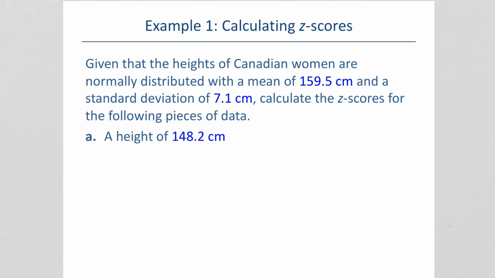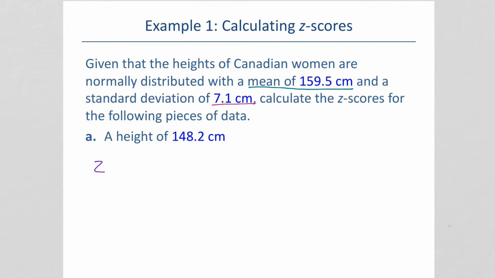Example 1 wants us to calculate z-scores. Given that the heights of Canadian women are normally distributed with a mean of 159.5 centimeters and a standard deviation of 7.1 centimeters, calculate the z-scores for the following pieces of data.